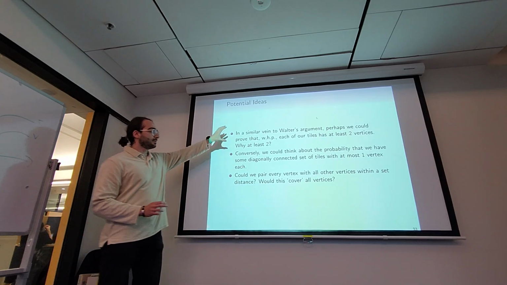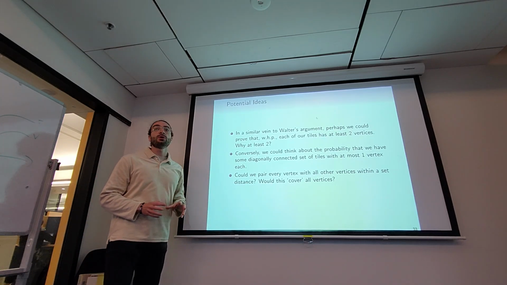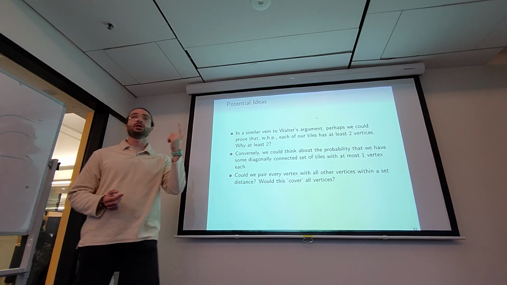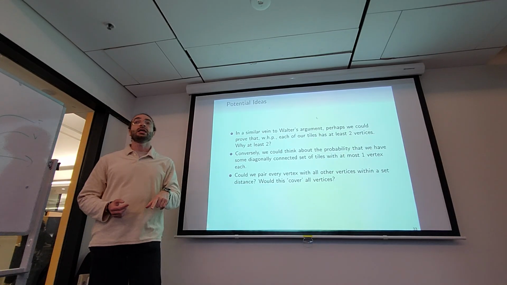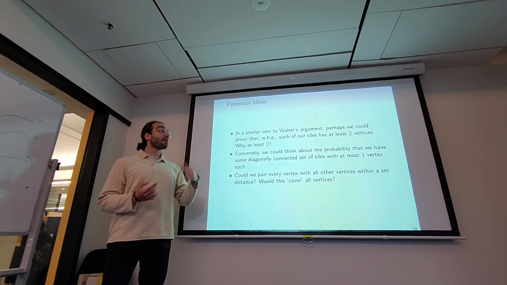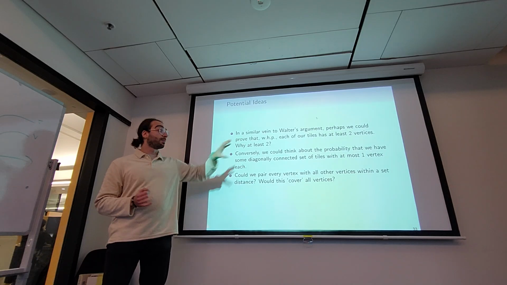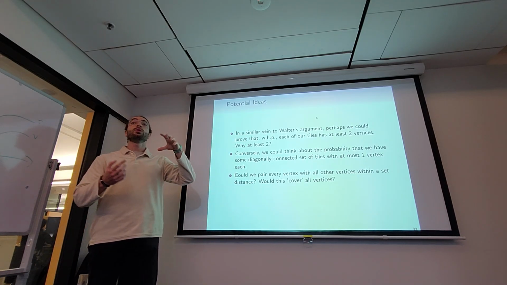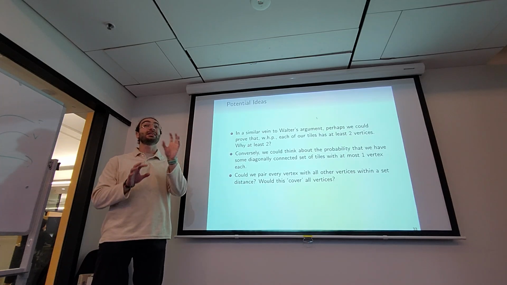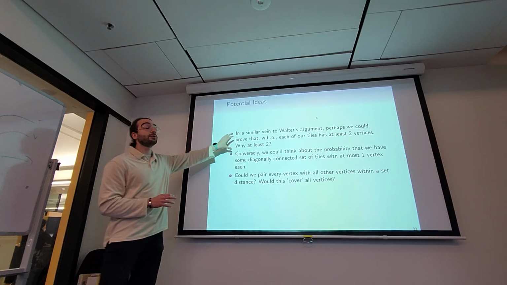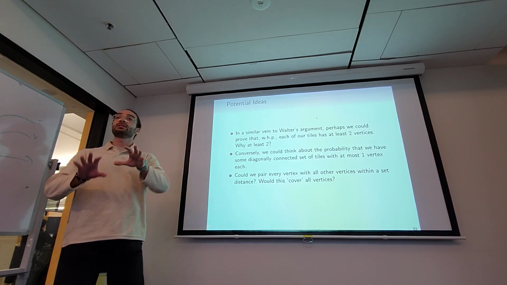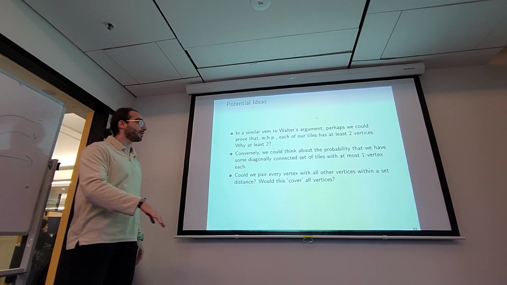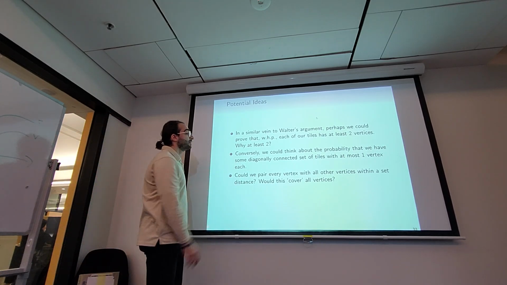Coming back to this first point, the reason why looking at the probability of 2 vertices might be tough is because I haven't seen a proof where they've shown that the probability of this goes to 1. So rather, why don't we show the probability goes to 0 for things that don't guarantee rigidity? This will guarantee rigidity, but what about proving that the stuff that doesn't guarantee rigidity goes to 0? That's what this point is saying.